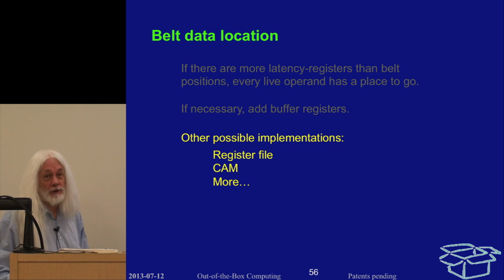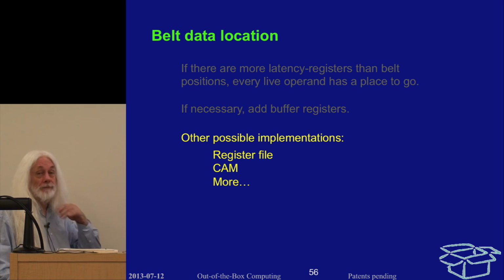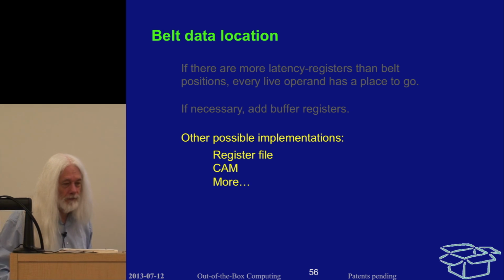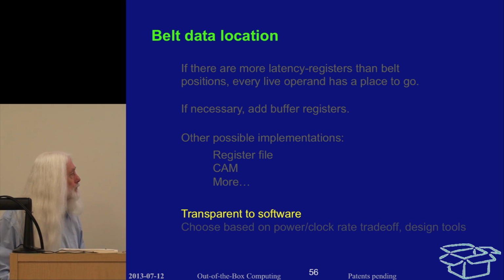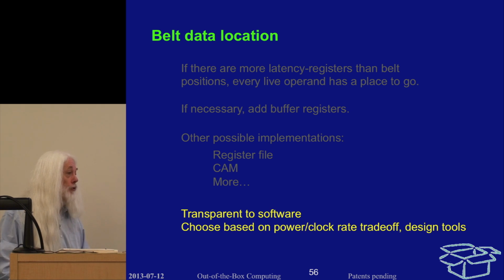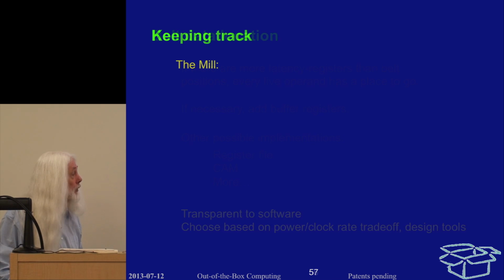You can implement the belt as a CAM. There are others. I'm giving you the conceptual model here. How it gets implemented is transparent to software. And the choice is based entirely on power and clock and design tools, EDA tools. That's how you want to do it.